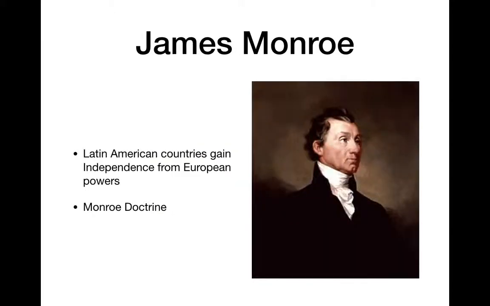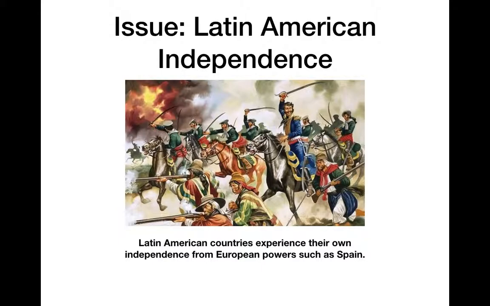Then the last one we'll talk about is James Monroe. In the Americas, we see a lot of Latin American countries gaining their independence, particularly from Spain and other European powers. The result of that is the Monroe Doctrine. With Latin America gaining independence, Spain is being pushed out, and there are very few European powers left in North America at this time.